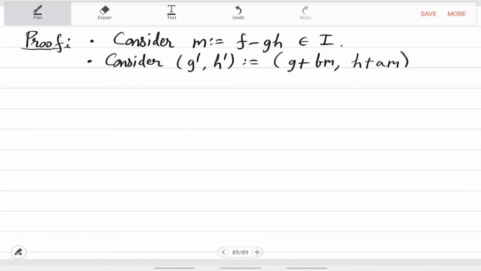A and b were given to you. M is also given to you because g and h were given. So if you look at this, this actually works. Obviously you will find this by doing some calculations which I am skipping. I am just directly giving you the answer. But these are easy to find.